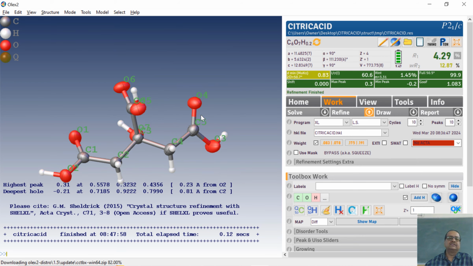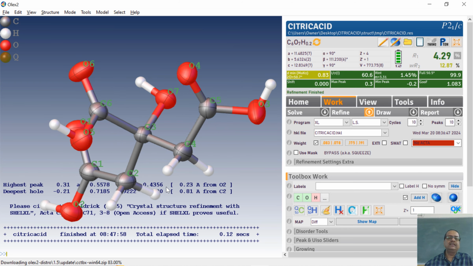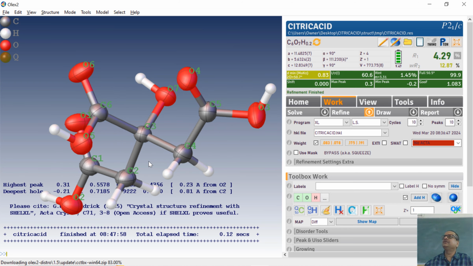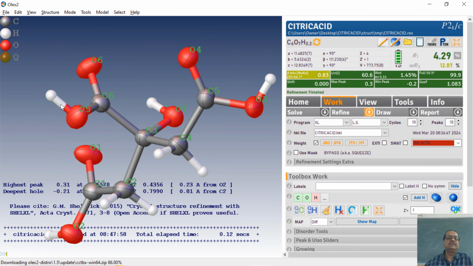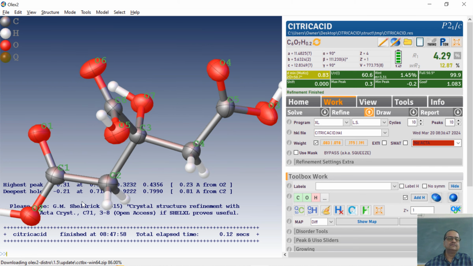This is one observation. Now the second observation. We need to see what kind of bond lengths we got. If you bring your cursor on the bond, it gives you the bond length. 0.96 and 0.97. Here it is 0.91 and 0.98. This OH is 0.84. That OH is 0.92.